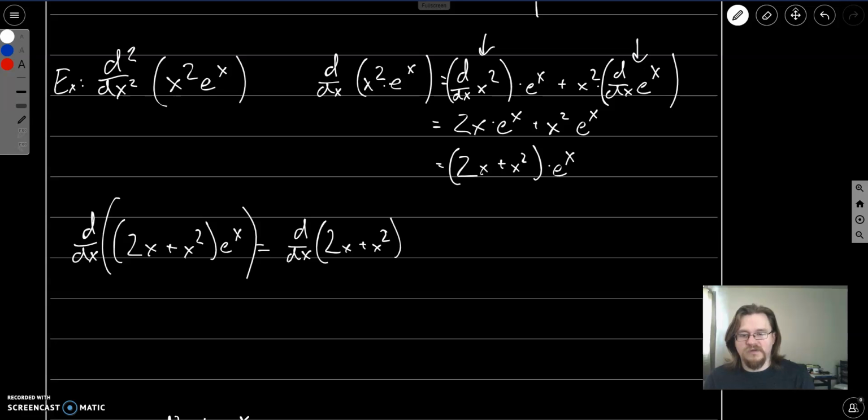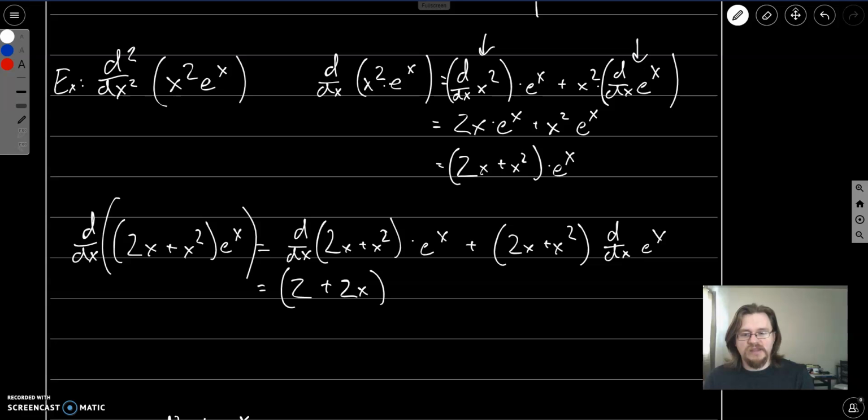So all that times e to the x, and then we're going to add it to the first guy times the derivative of the second. So, derivative of a polynomial, this is pretty straightforward. Derivative of 2x is going to be 2. The derivative of x squared is going to be 2x. And then we've got this e to the x floating around. And then over here, I've got 2x plus x squared times the derivative of e to the x. Well, derivative of e to the x is e to the x.